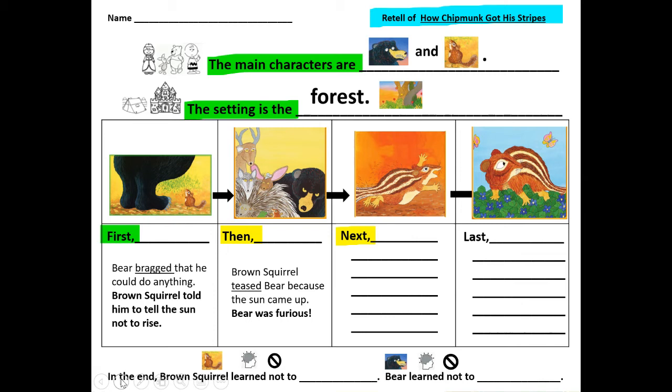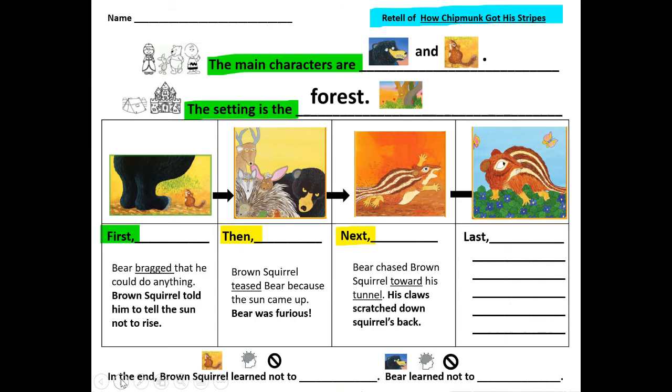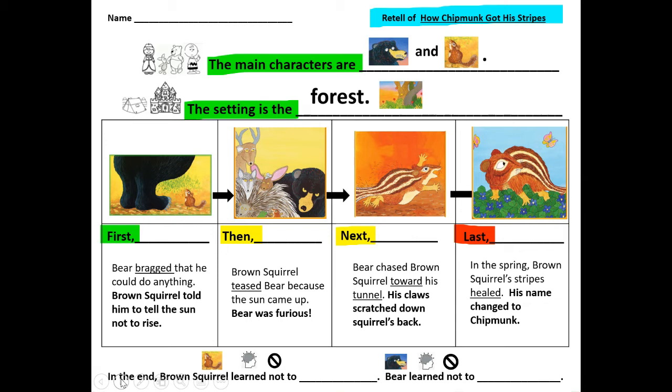Next, what is happening to Brown Squirrel and why? Next, Bear chased Brown Squirrel toward his tunnel. His claws scratched down Squirrel's back. And last, what happened in the spring? Last in the spring, Brown Squirrel's stripes healed. His name changed to Chipmunk.